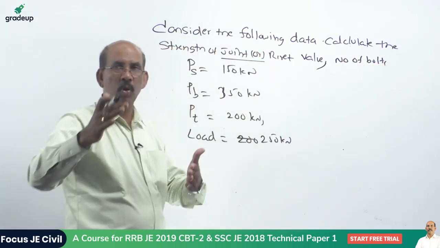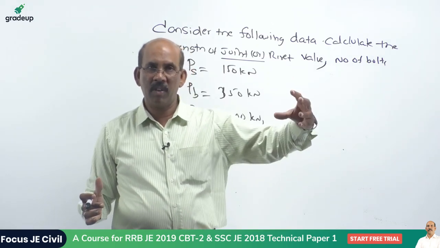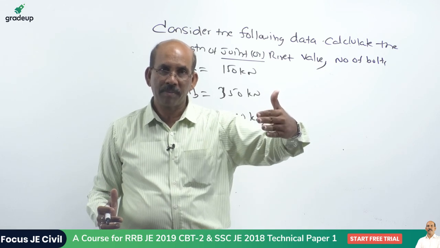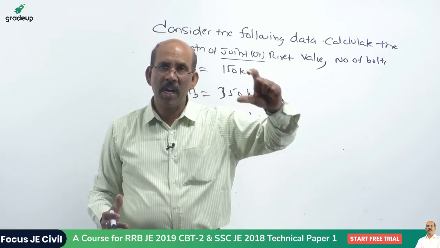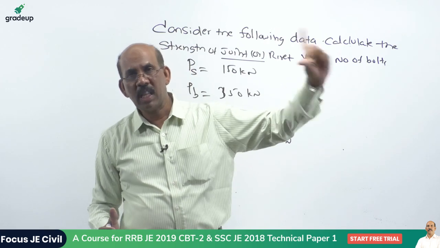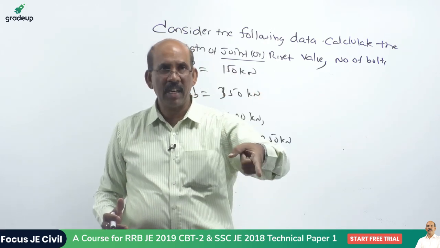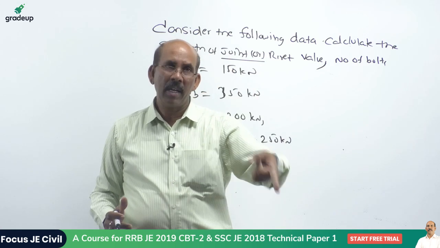As far as the rule, as I mentioned, the strength of the joint is decided in such a way that the joint should be able to resist all the failures. The connection can fail either by shear or by bearing or by tension.